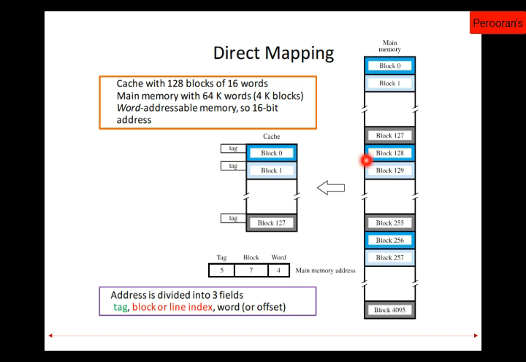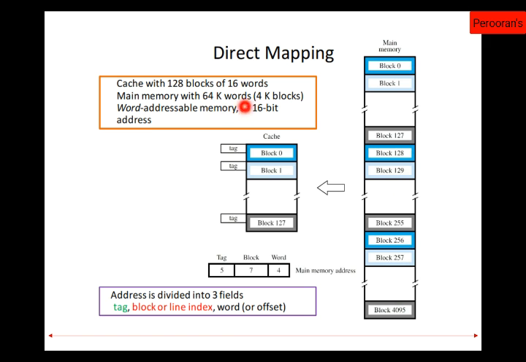Now we will think about the address mechanism. For addressing these 4096 blocks, how many bits do we need? We actually need 16 bits for the representation. If you want to access any of these words, we need 16 bits as the address.